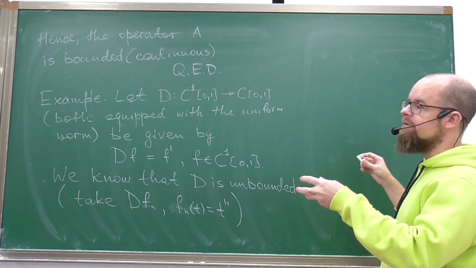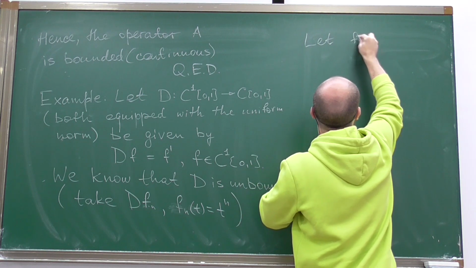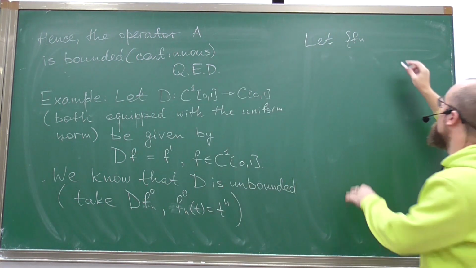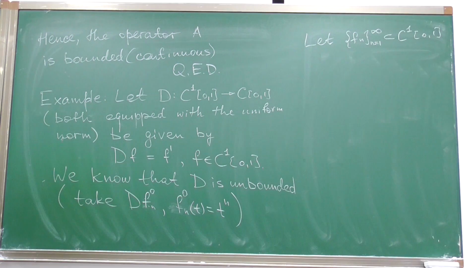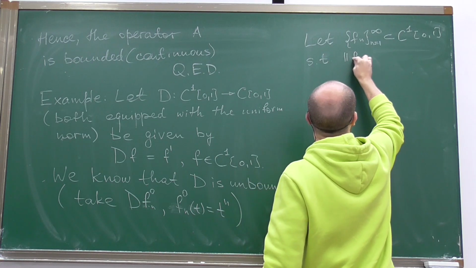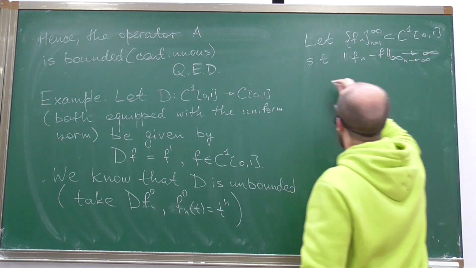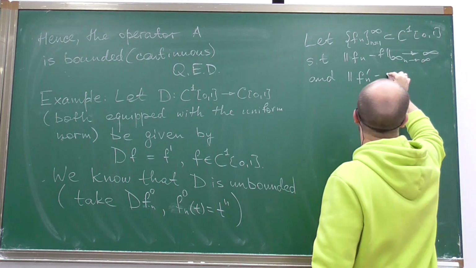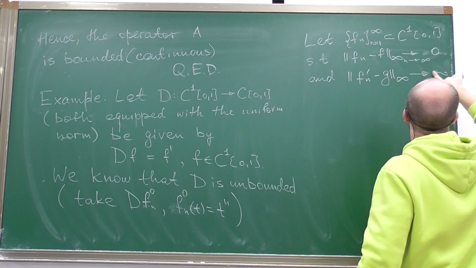So let us take a sequence of functions from the domain, such that this sequence itself converges to some function f in the uniform norm, and the sequence of derivatives of f_n also converges to some other function g, again in the uniform norm.